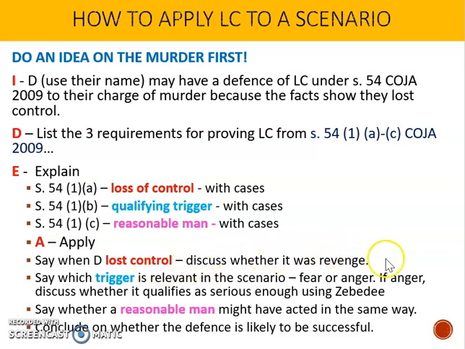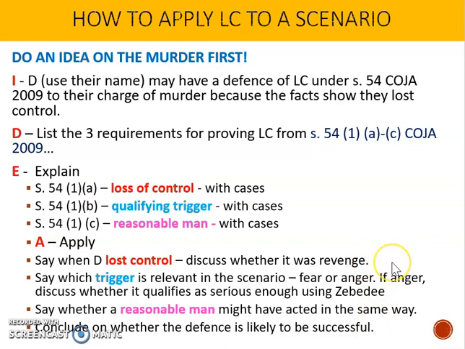And you would discuss at that point, you know, there's been a week in between, so this might look like revenge, which will prevent her having the defence. I should point out, if you make the decision that you think it's revenge and she can't have the defence, still go on and apply the other elements anyway, because you're still showing you can apply the law.